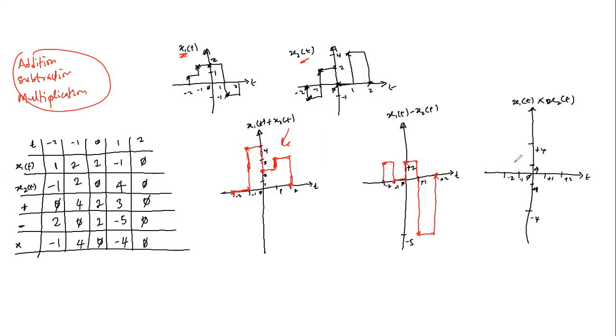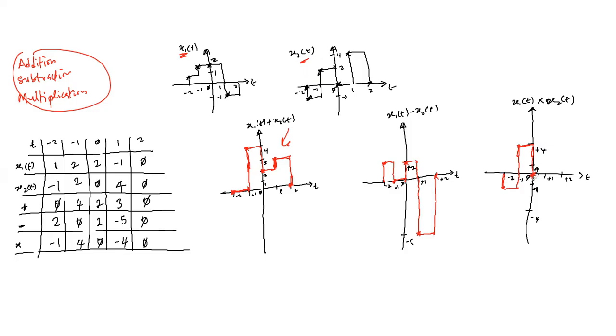And for the multiplication operation, at t equal to -2, we have -1. So -1 is somewhere here. Then at t equal to -1, we have 4. So 4 is somewhere here. Okay. Then at t equal to 0, we have 0 here.